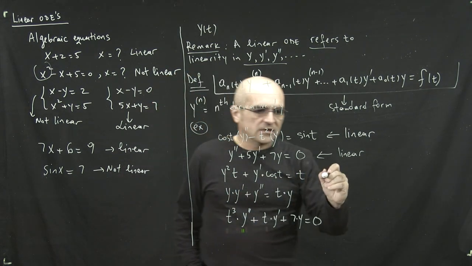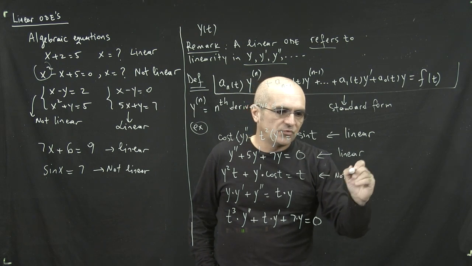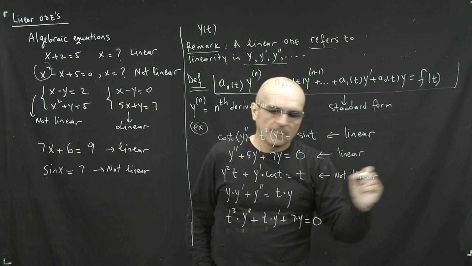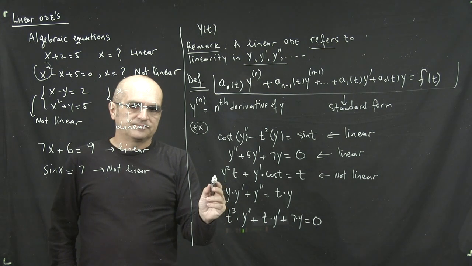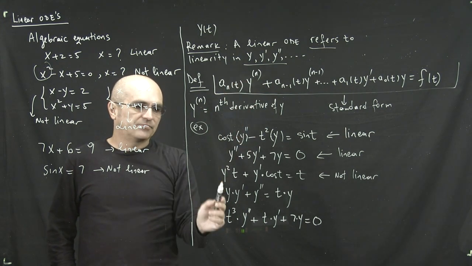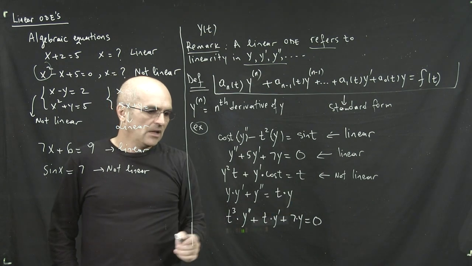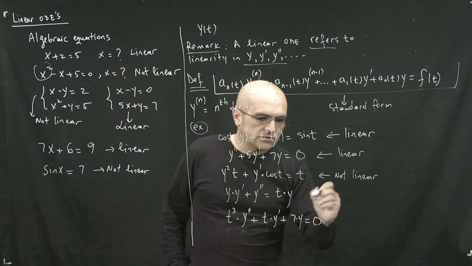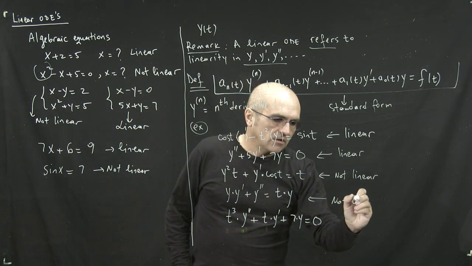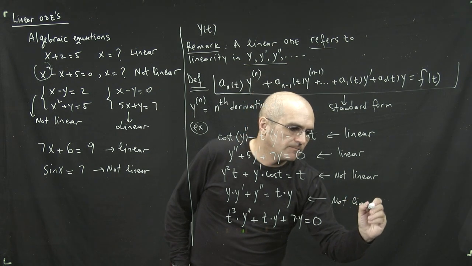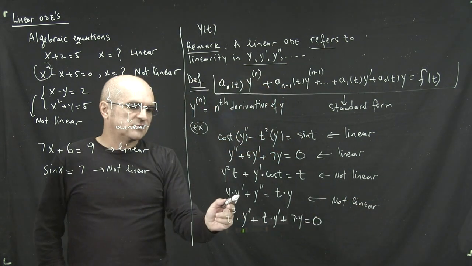This is not linear. The third one that I put here, it's not linear because of y squared. Okay, so it's not linear in y, therefore the entire ODE is not linear. This one is not linear also, because you have y times y prime.